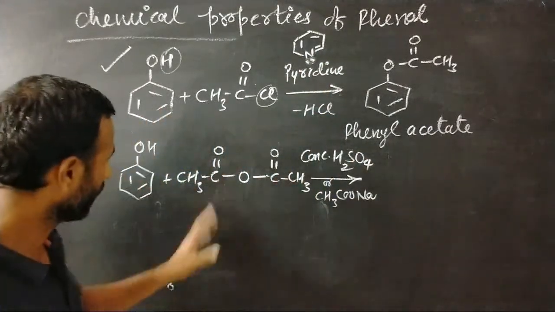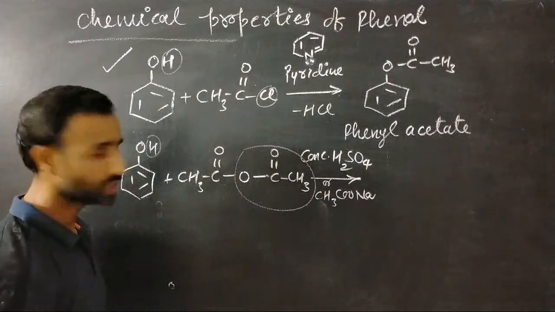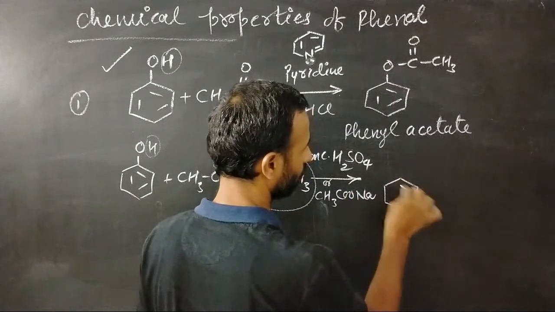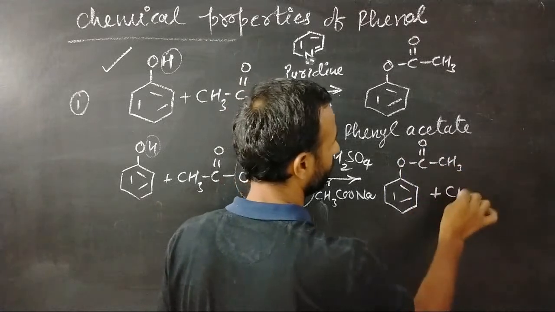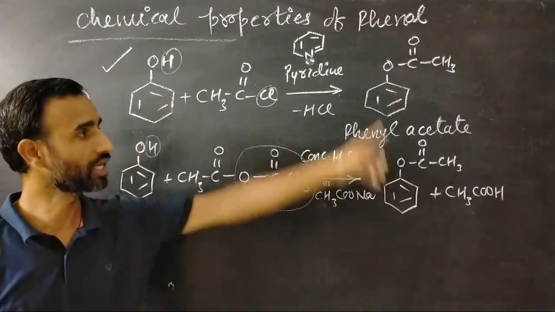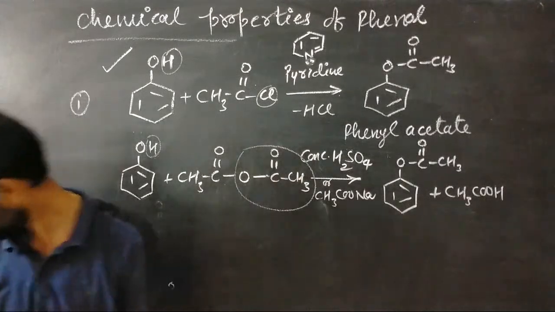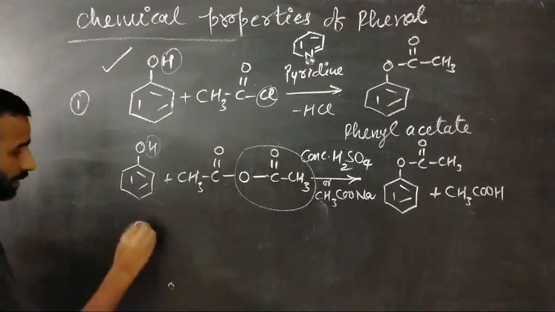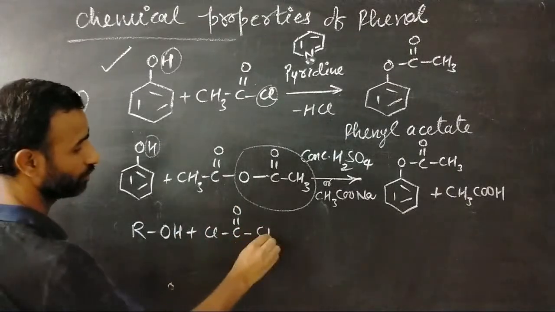Okay, in this case again H and this whole CH3COO give acetic acid along with again the same product, phenyl acetate, along with acetic acid. Okay, this is just esterification. Here in the last class we have done esterification like this, if you remember.